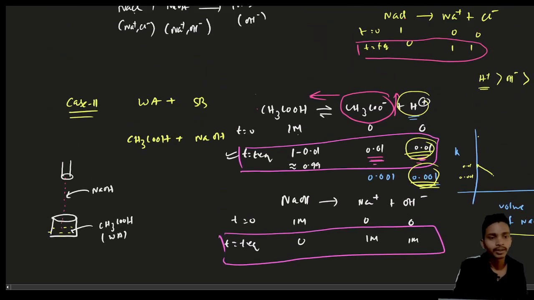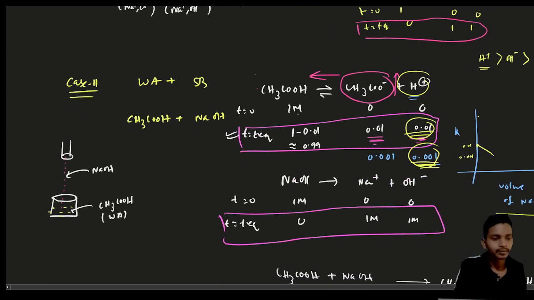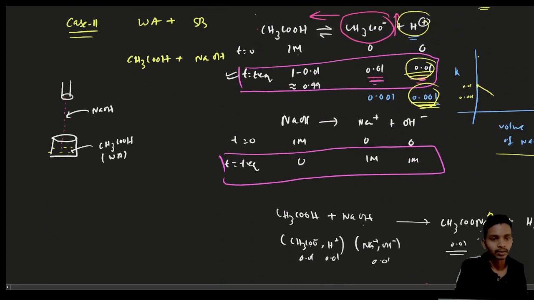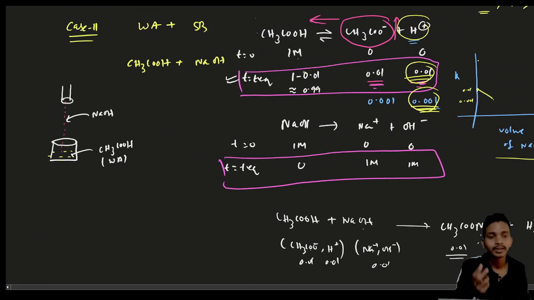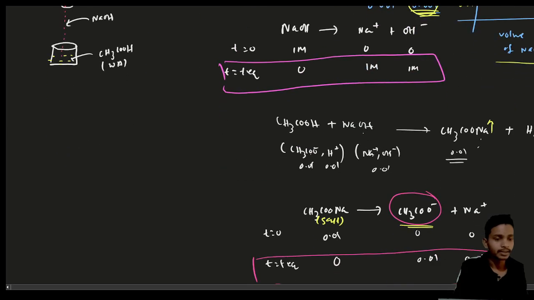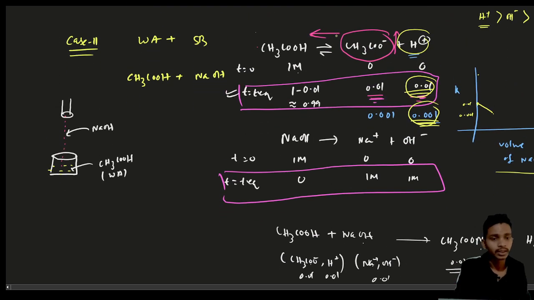If this is forming, then what happens? Whenever CH3COOH reacts with NaOH, CH3COONa is formed, and this CH3COONa will have the common ion effect with CH3COOH and push the reaction in the backward direction. It's fine, but again we are adding NaOH, because we are increasing the volume of NaOH.